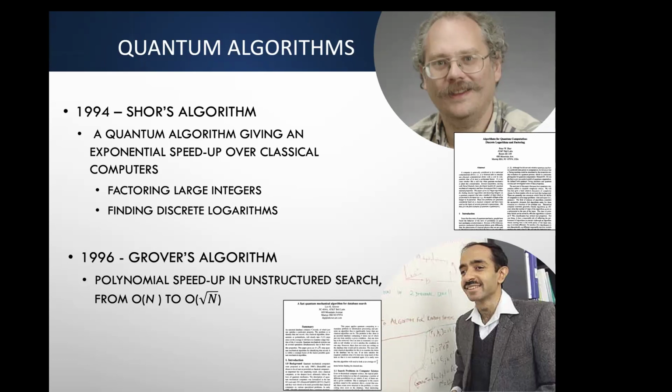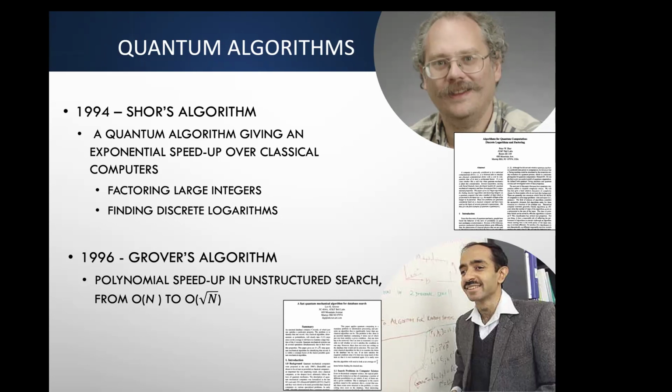Well, it turns out those 2 problems are what all of our current public key crypto systems base their security on. So if we had a large enough quantum computer that could run Shor's algorithm, it would completely break all our public key crypto systems. So that's a pretty drastic effect.